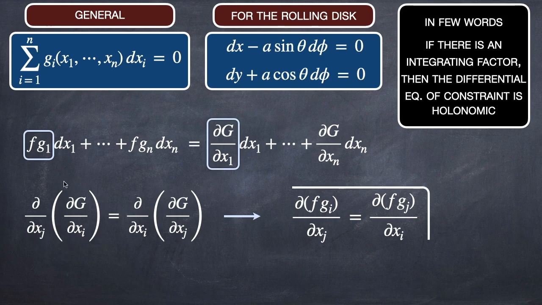And this term in parentheses here, we just identify as f gi. So that's why in a previous slide we wrote this condition, and this is part of the method to find out if there is or there is not an integrating factor.